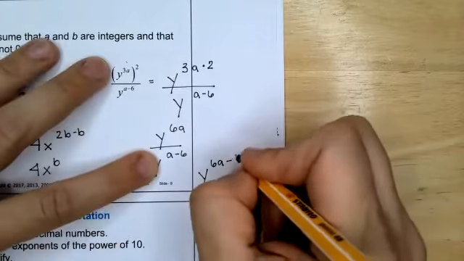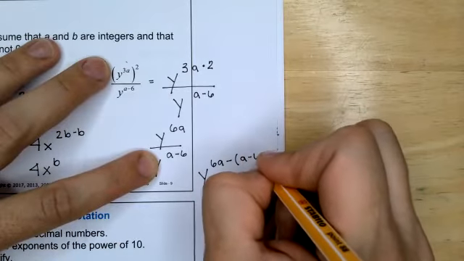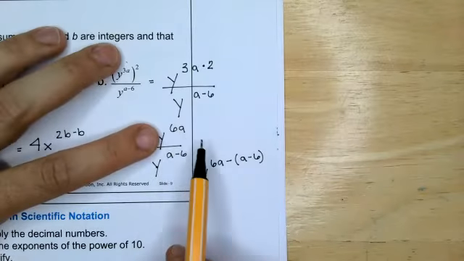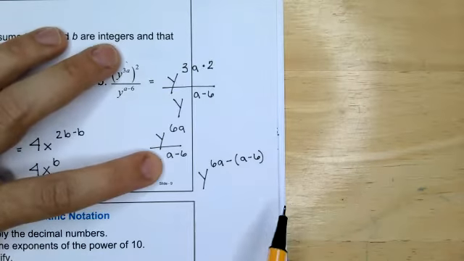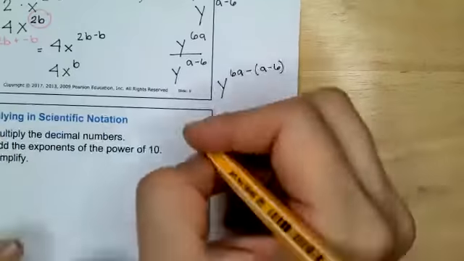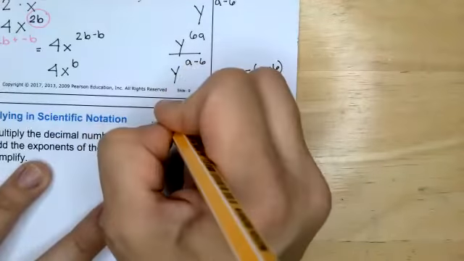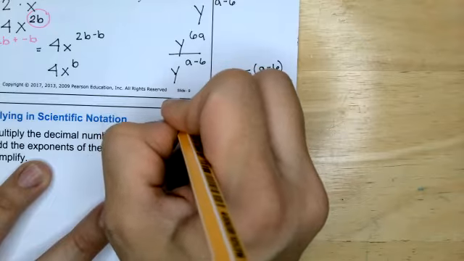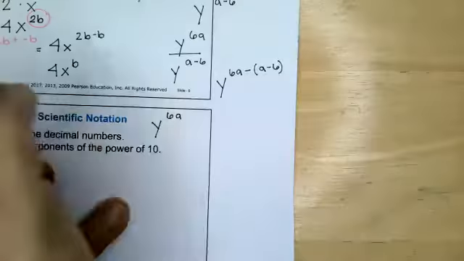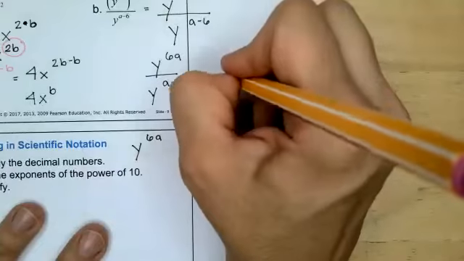6a minus a minus 6. So we took this exponent and subtracted this exponent no matter what it is, even if it's long. Okay. y to the 6a minus a minus 6. So I'm going to distribute that negative sign.